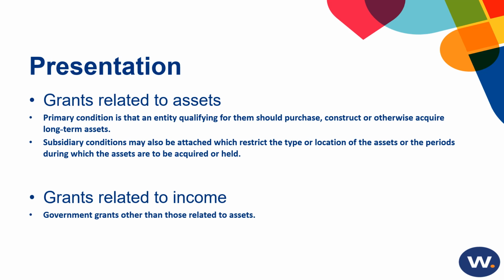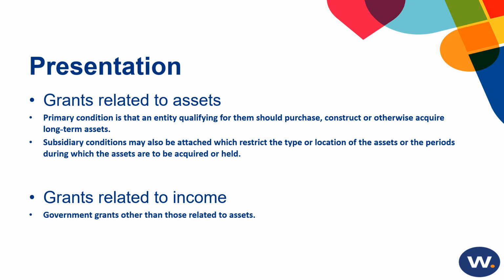The other option is to recognize the government grant as an offset to the expense to which it relates, thereby reducing the said expense. The supporters of this view believe that this is the appropriate method to recognize because the underlying expense may very well not have been incurred had the grant not been made available to the entity in the first place.